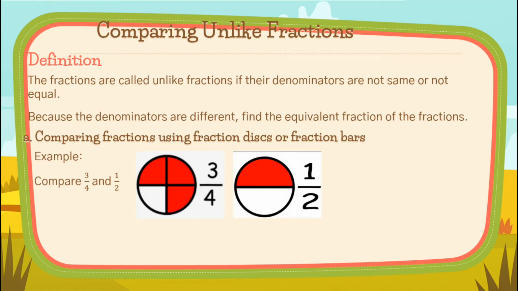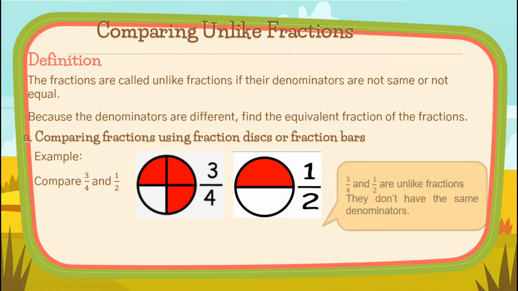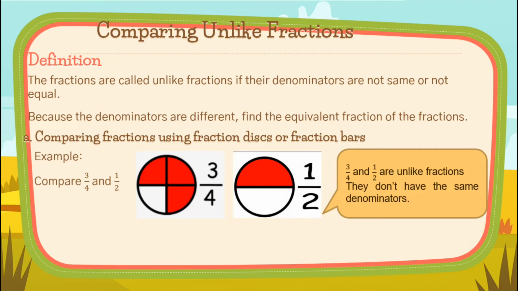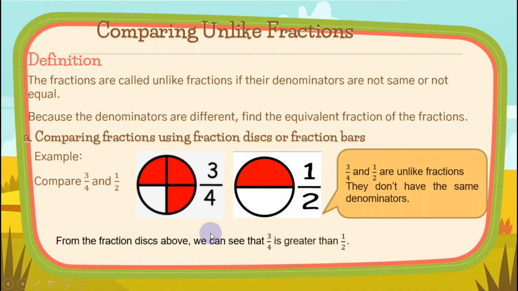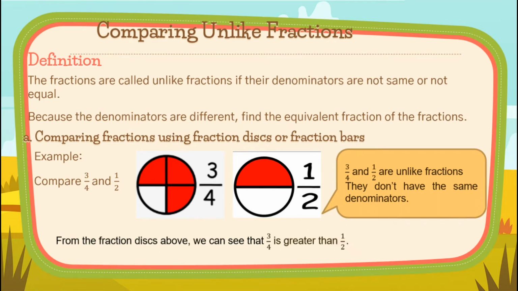Look at the area of the shaded parts. 3/4 and a half are unlike fractions because they don't have the same denominators. Here 4 and this 2. From the fraction disks above, we can see that 3/4 is greater than a half. That's it, the first way.